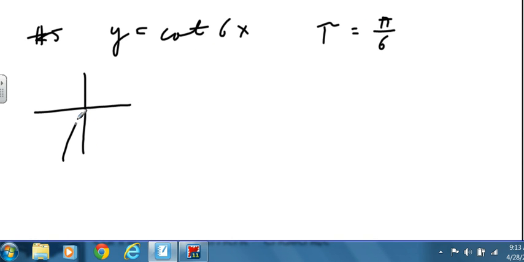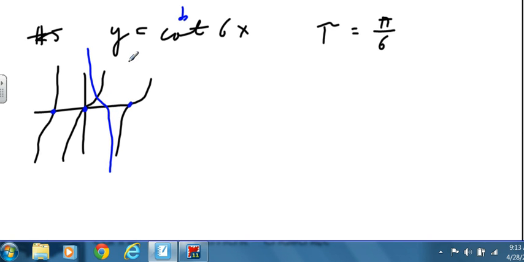So if my tangent function does that, and does it again, and does it again over here, my cotangent function does that, then my cotangent has to, when I go through 0, has to be at infinity. Okay, so the cotangent function is going to come down that way and cross this way, and down and across, and down.